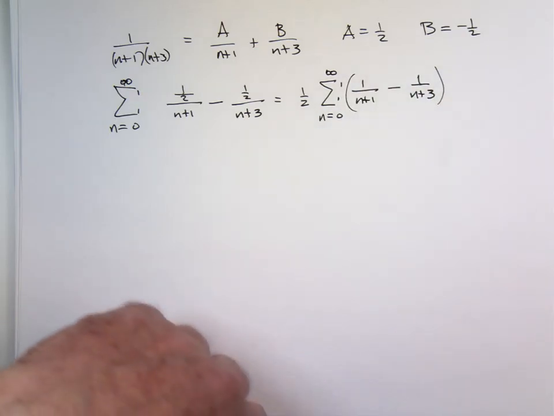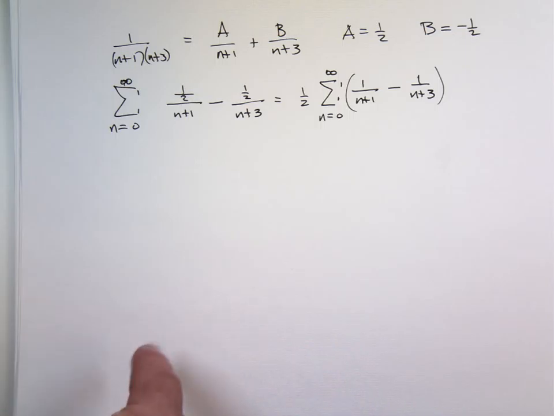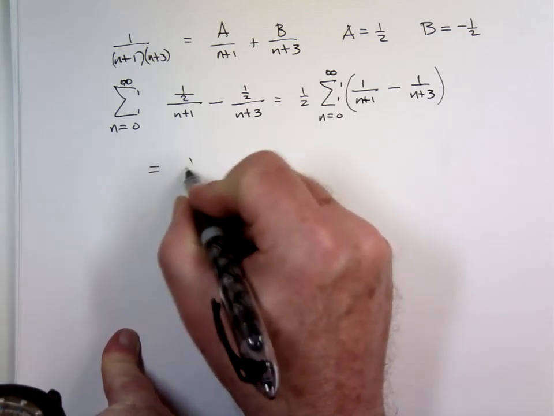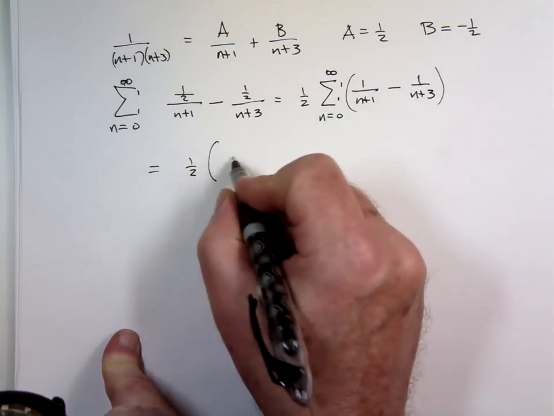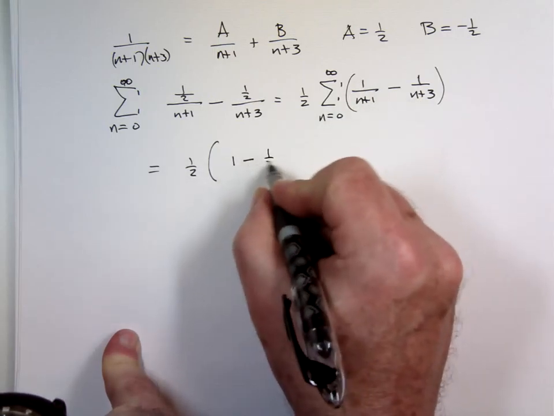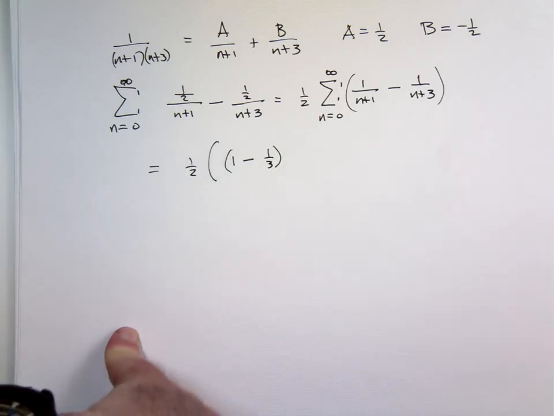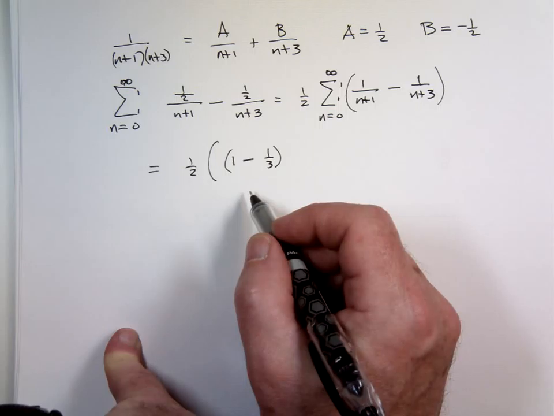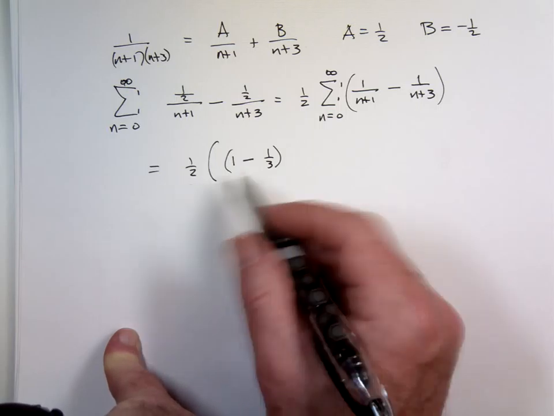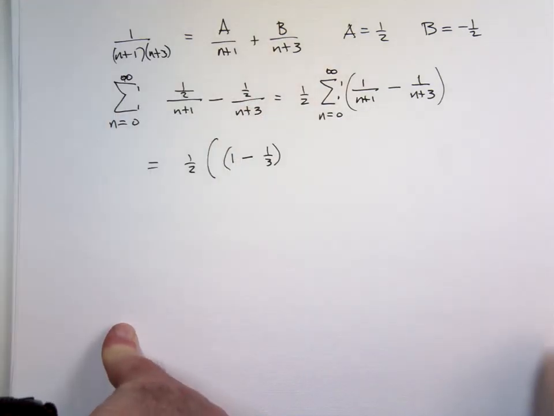Now, let's see what happens if we generate a few of these terms. N equals 0, we get 1 over 1, so 1 minus 1/3. Please note that 1 minus 1/3 is 2/3, but times a half gives us the 1/3 that we had from before.